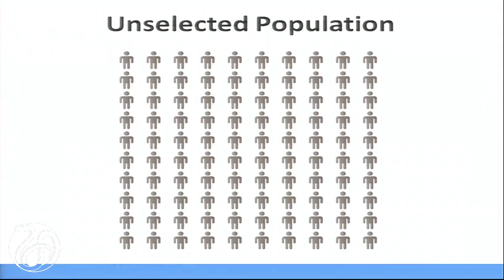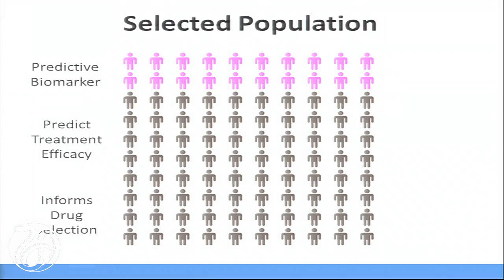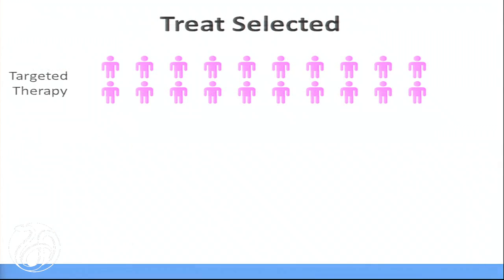So what this has changed is our approach to diseases like non-small cell lung cancer, where previously we were treating an unselected population all the same way, and now we have predictive biomarkers where we can subset this population, and now instead of treating everybody the exact same way, we segment out this subpopulation and we treat them differently with a targeted therapy. And now instead of having response rates of 30% or worse, we're getting response rates of close to 80% in this population.